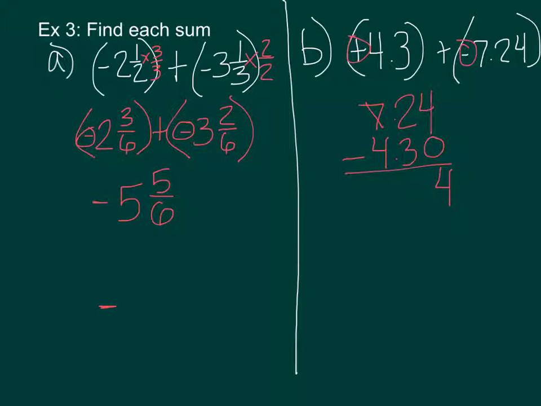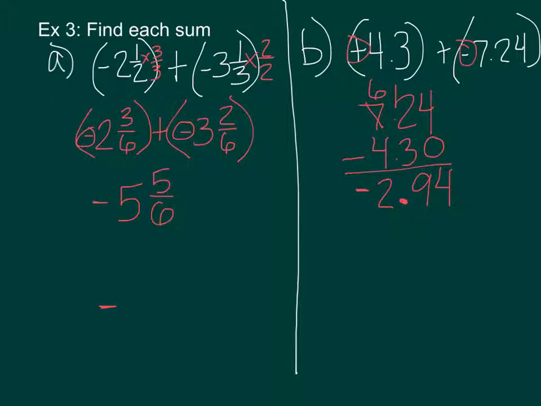I have to borrow here. 12 minus 3 is 9. 6 minus 4 is 2. So I get 2.94 as my answer. I just said earlier that 7.24 is a bigger number than 4.3. The sign on 7.24 is a negative sign, so therefore I need to have a negative sign in my answer. My answer is negative 2.94.